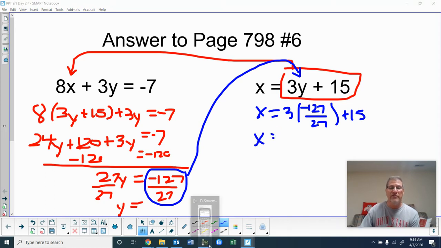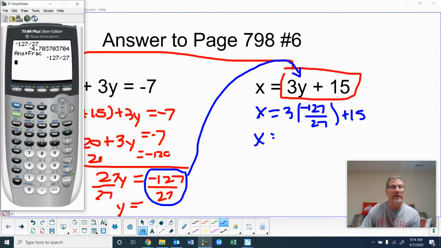So go back to my calculator and just go times 3. And then plus 15. And then I change it to a fraction. So hit my math button and enter twice. And it's 8/9.